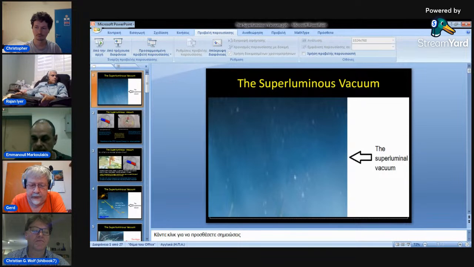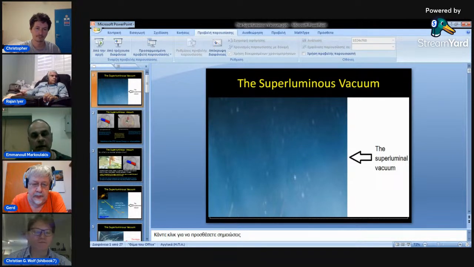So again, the discussion here concerns the possibility that there are three players in our universe, macroscopically seen. There is matter, there is light, and the third player is the vacuum. The presentation concerns the third player, the vacuum, which fundamentally differs from normal matter and light.